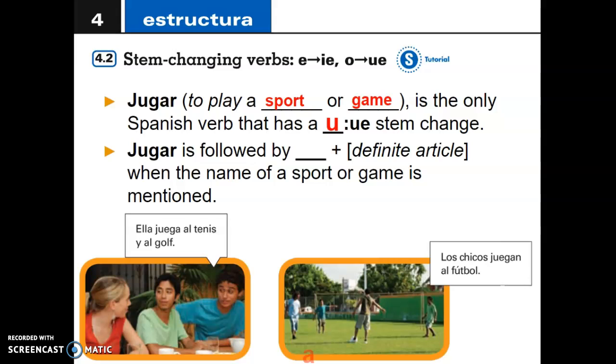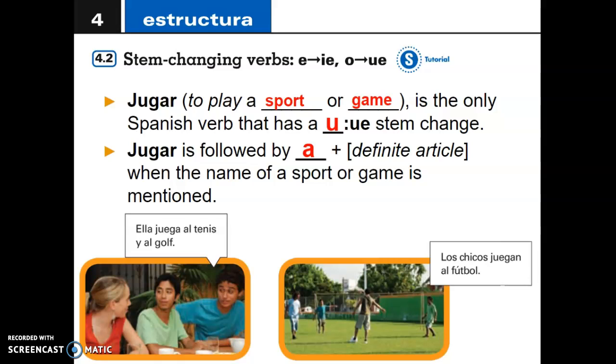Jugar is followed by a and a definite article. If you don't remember what a definite article is, it's el, la, los, or las, the word for the in English, any of those four words in Spanish. Jugar is followed by a and that definite article when the name of a sport or game is mentioned.